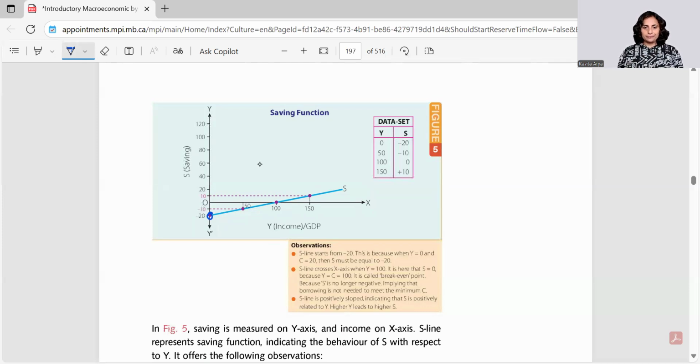As per the previous schedule, we are able to show that savings are initially negative, then they become 0 and then they become positive. So this area is dis-saving and this area is savings. When we have positive savings, we call it savings. And when we have negative savings, we call it dis-savings, or we call it borrowings.